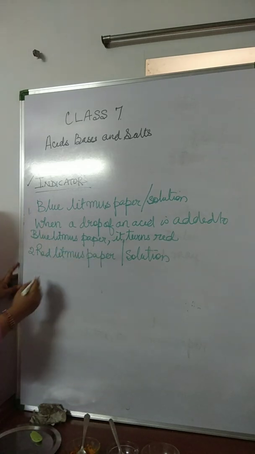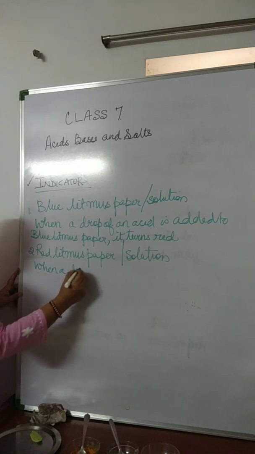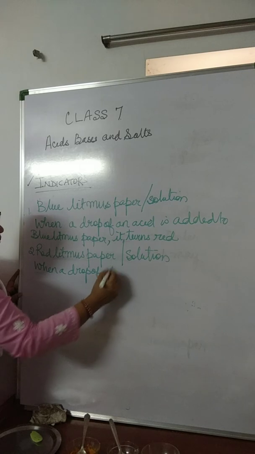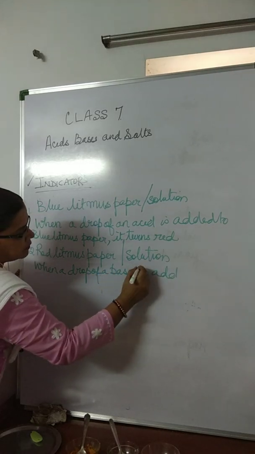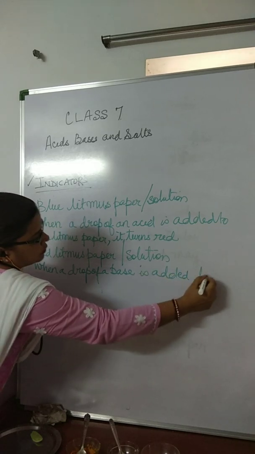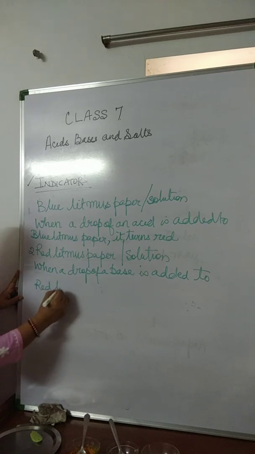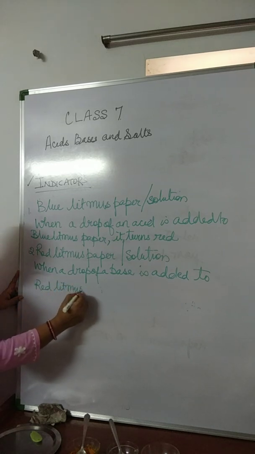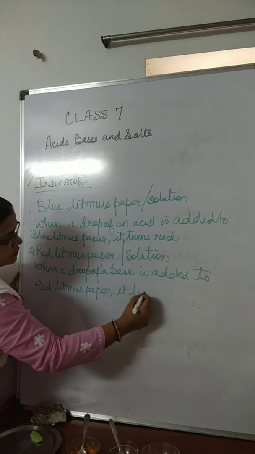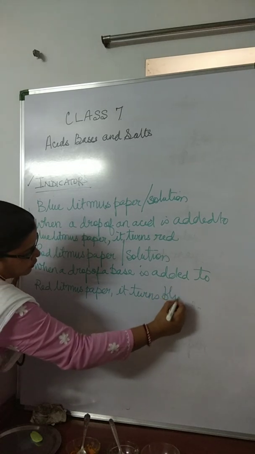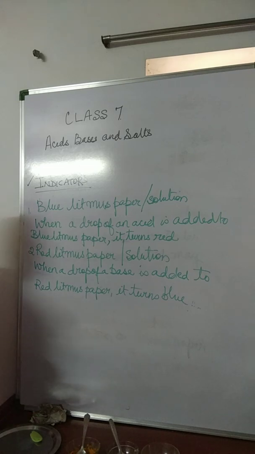Second, red litmus paper or solution, when a drop of a base is added to a red litmus paper, this also should be wetted, it turns blue. So we can identify whether the given substance is an acid or a base.